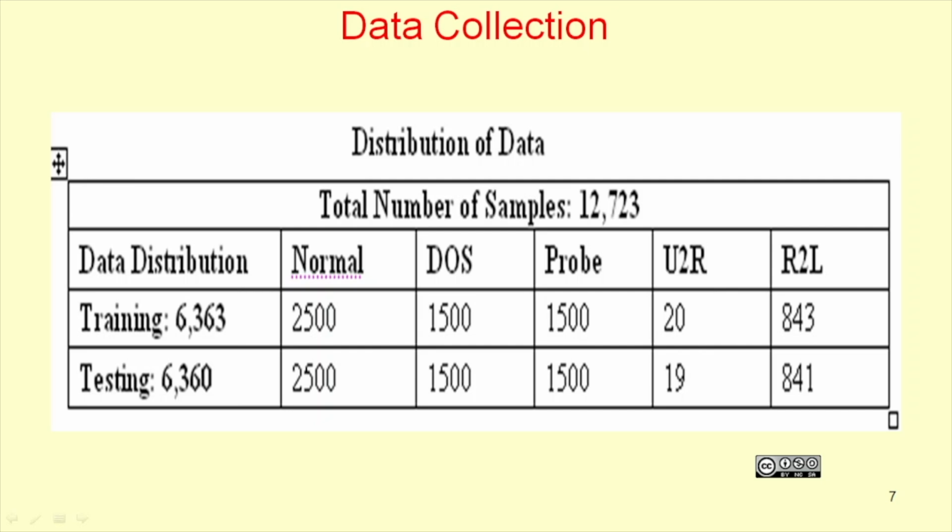So, the training data consists of 6363 and the testing data consists of 6360, and the class-wise distribution is shown here: 2500 for normal training as well as 2500 for testing, 1500 for DOS training and testing, and likewise. This is how the data is distributed in order to develop the ANN model.